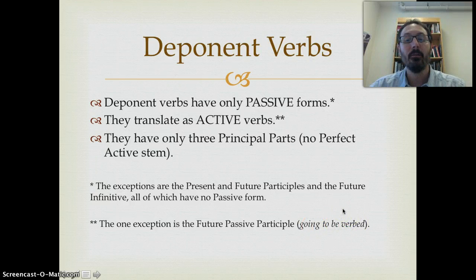Okay, so again, deponent verbs have passive forms but active meanings. And they typically refer to verbs that have a sort of reflexive sense to them, like to wash your own hands, right? Washing or even bathing, right? The idea of bathing is something that you do actively but to oneself.